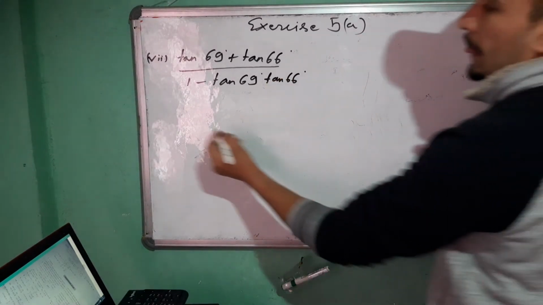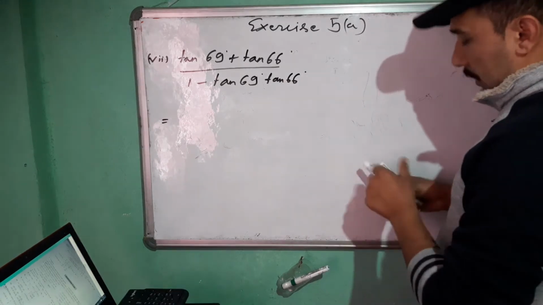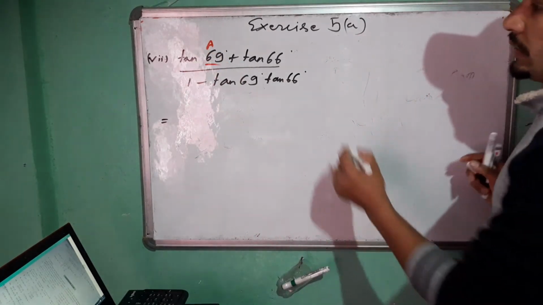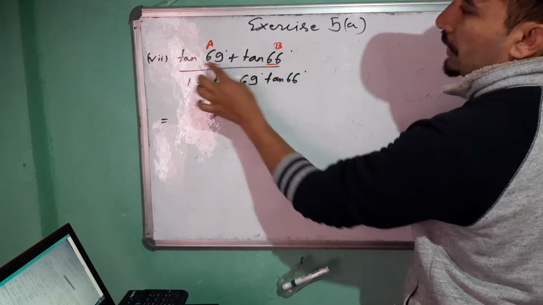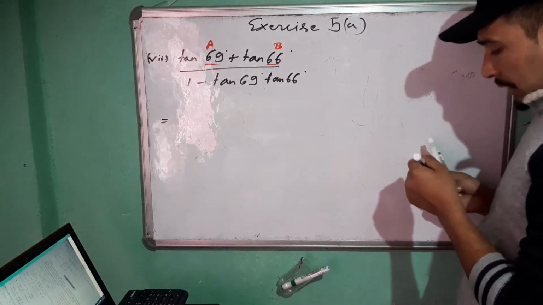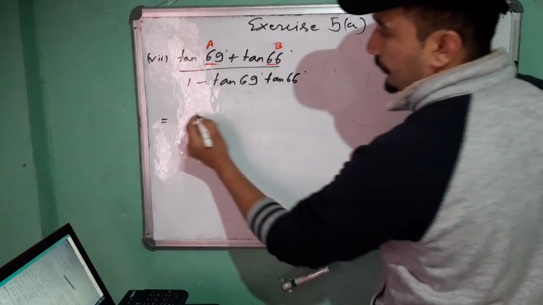Okay, number 7. This is equal to tan a plus tan b over 1 minus tan a tan b, where 69 degrees is a and 66 degrees is b.